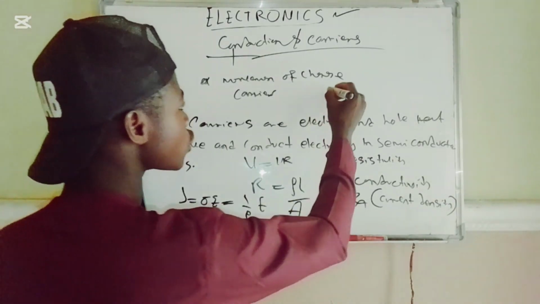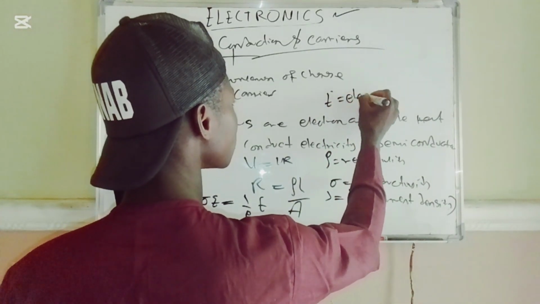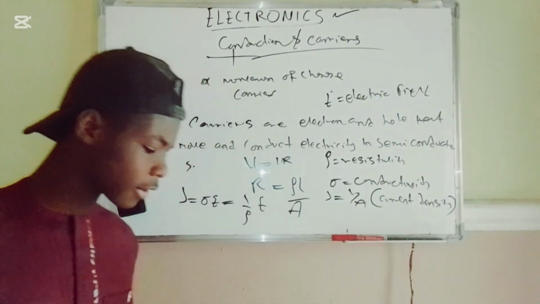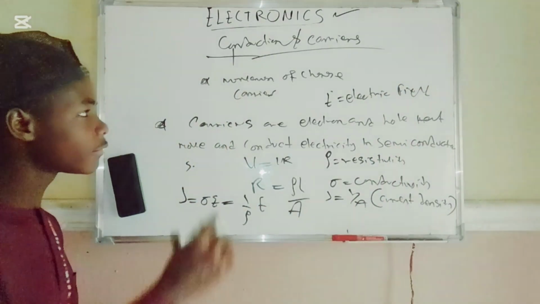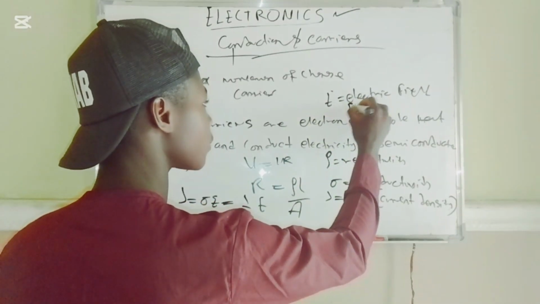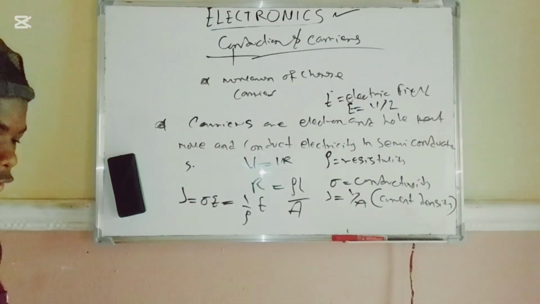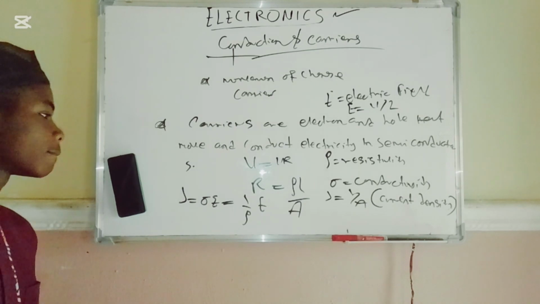Then we have E, which is the electric field. The electric field E is the same thing as V over L. So here are some relations that I have for you.